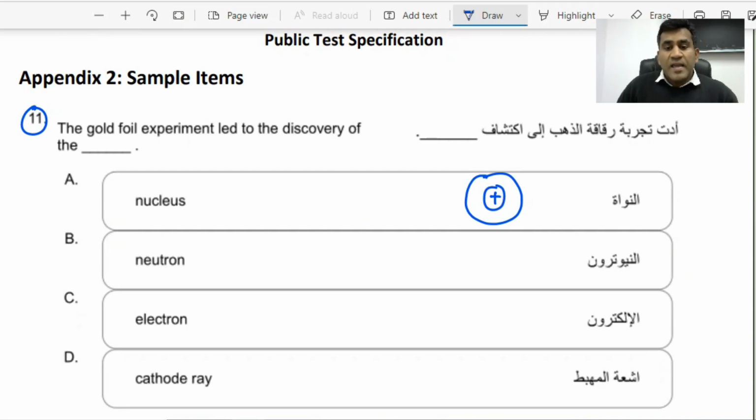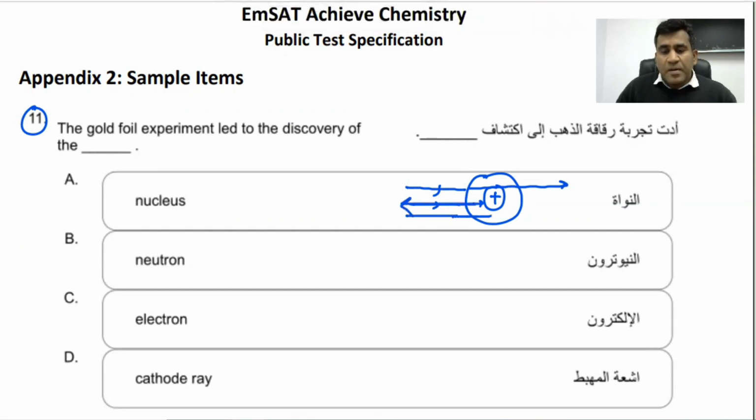So what he did was allow alpha particles, helium particles in general, to fall on the gold atom. He was passing helium particles through the gold atom. Some of the alpha particles moved directly without deflecting. Some of the alpha particles hit the nucleus and bounced back exactly the same way, and some of the alpha particles got deflected in their path.